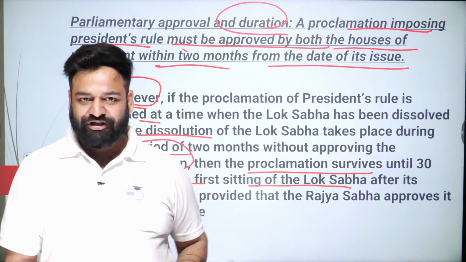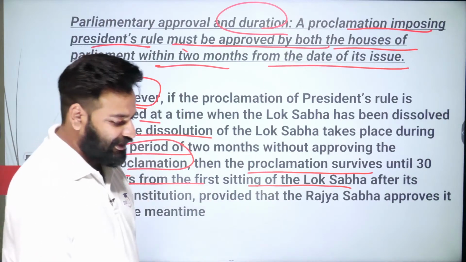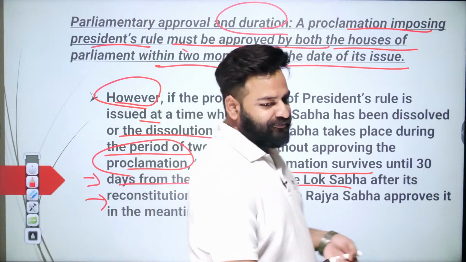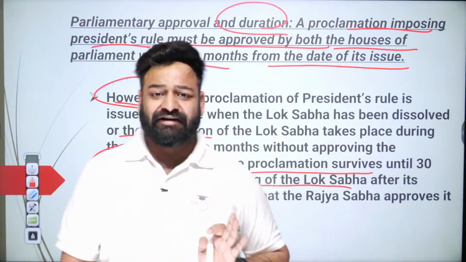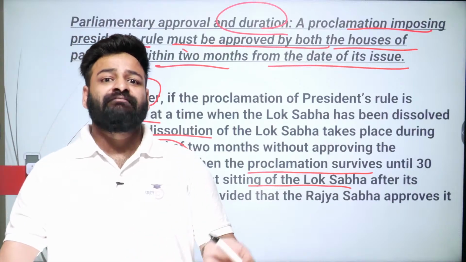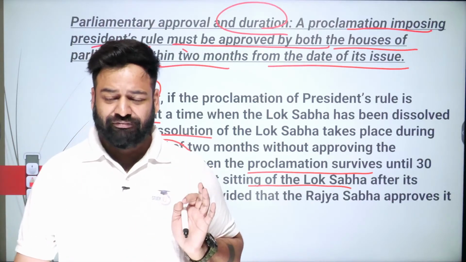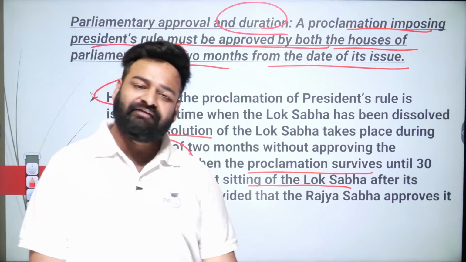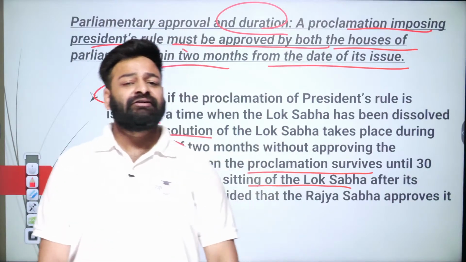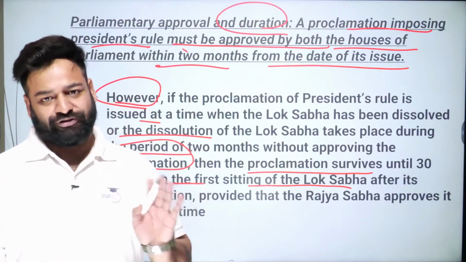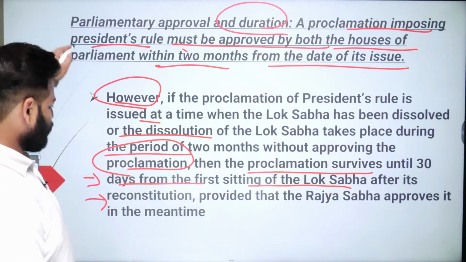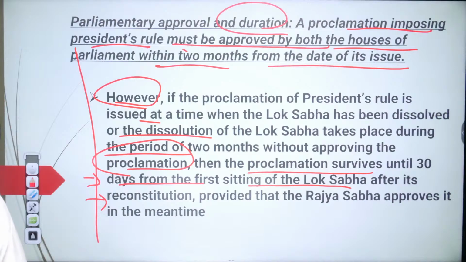That is, proclamation of President's rule in any state or states must be approved by both the houses of Parliament, Lok Sabha as well as Rajya Sabha, within 2 months, that is 60 days. In case Lok Sabha has been dissolved before passing such a resolution, then once again 30 days from where? From the first sitting of the freshly constituted Lok Sabha. This is the basic difference.